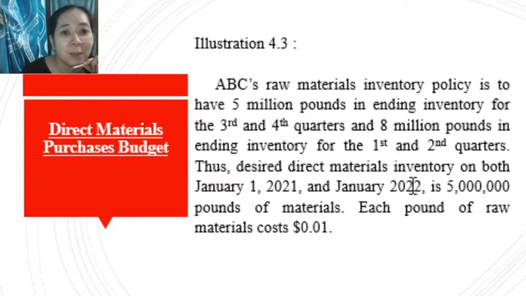Thus the desired materials inventory on both January 1 of the coming year, for which we prepare our budget, and January 2022 for the next period is 5 million, because this is the ending inventory for the fourth quarter. That's why this will now be the beginning inventory for the beginning of the year. Each pound of raw materials costs $0.01.